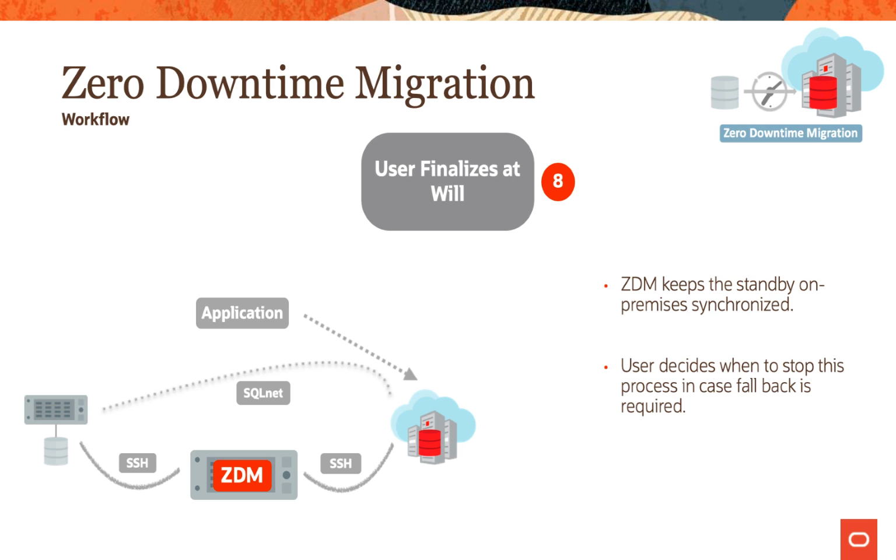Any users doing this migration will validate that the migrated environment is good for them, and they can finalize based on their will. ZDM keeps the standby database on-prem as well as in the cloud in a synchronized state, and the user can decide if they want to stop the process or fall back, but it totally depends on the user to accept the migration.